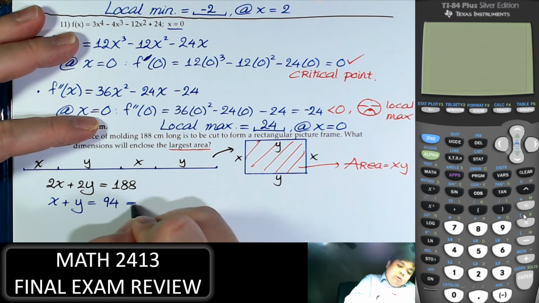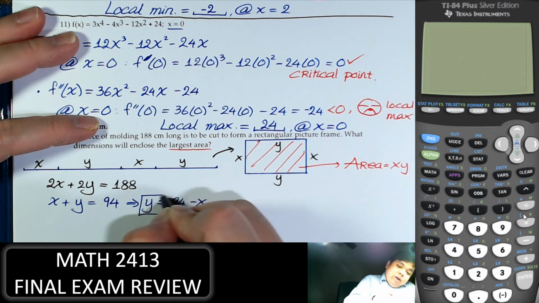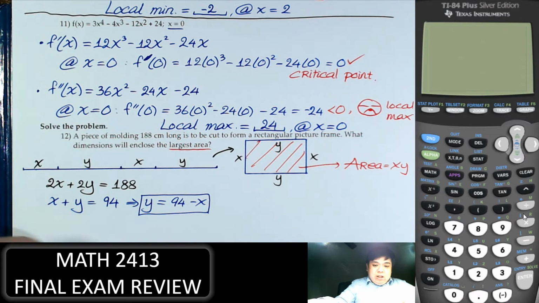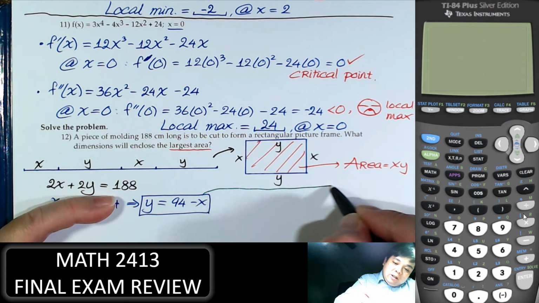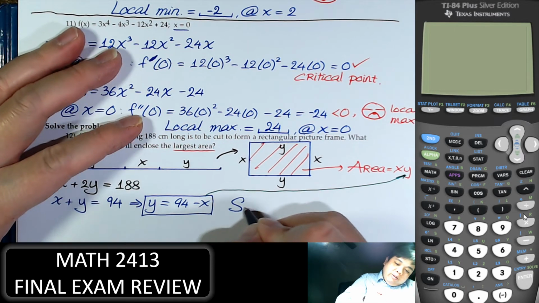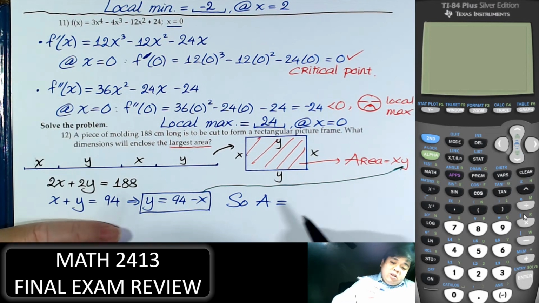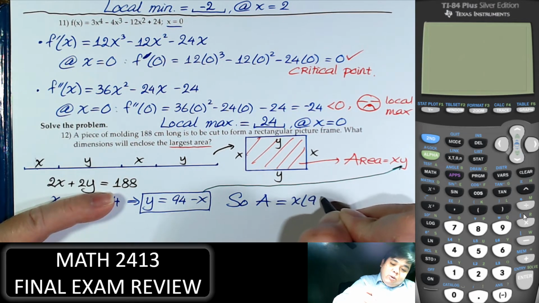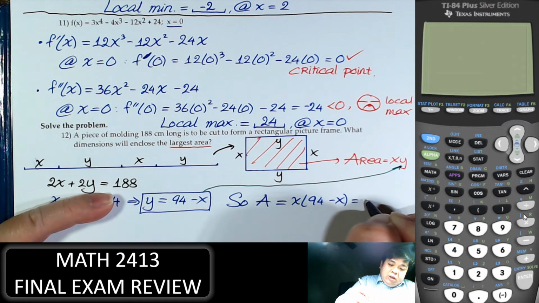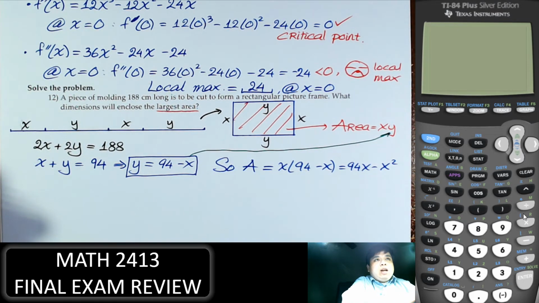Or we can solve for y. So that's what we have. Now if we substitute this into y, the function we try to maximize, the largest area, so maximize x times 94 minus x will be 94x minus x squared. So that is the function we're trying to maximize.